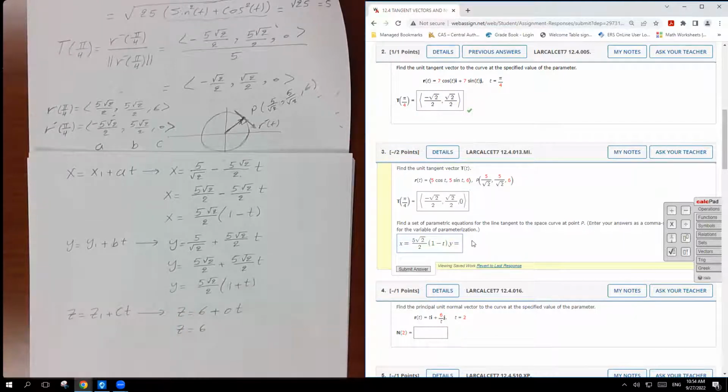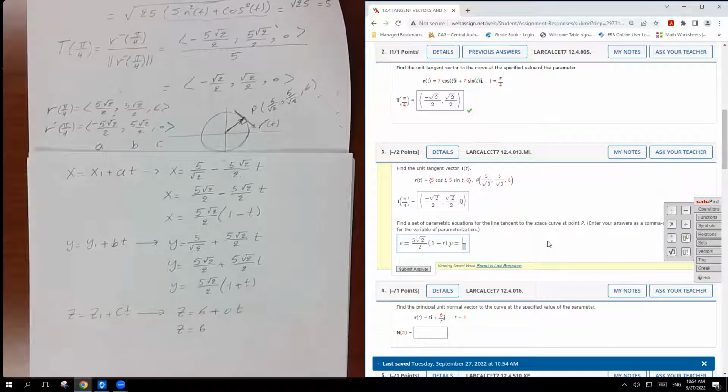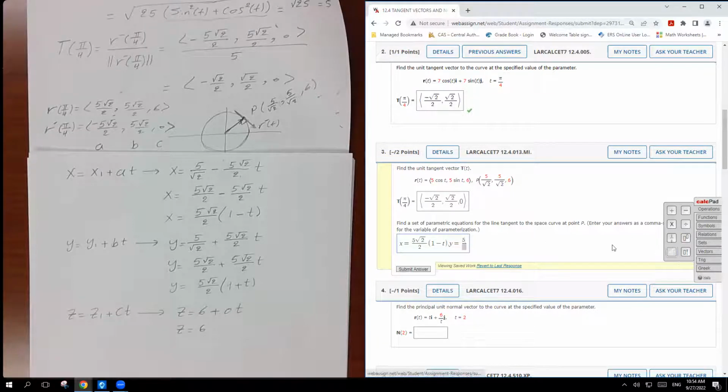I can't copy and paste, so I have to write it again: 5 square root of 2 divided by 2, parentheses 1 plus t, comma, z equals just 6.